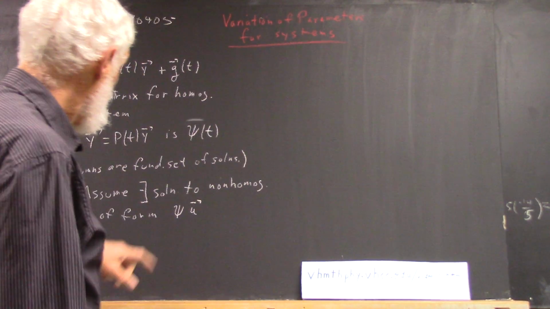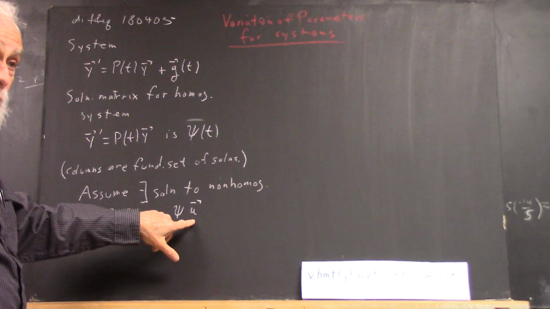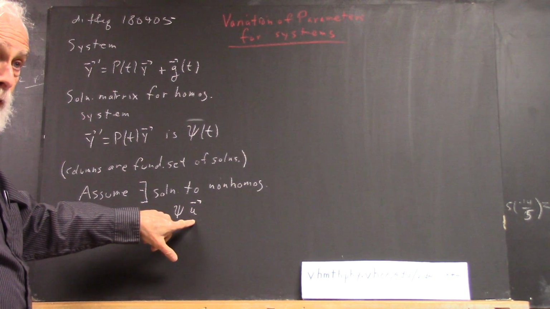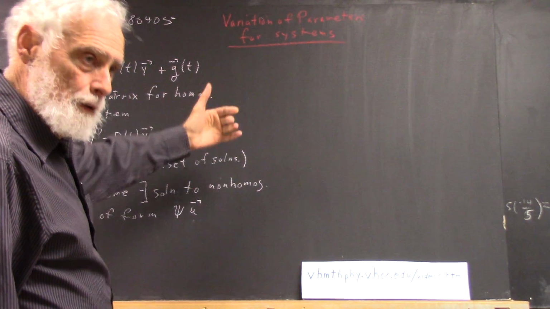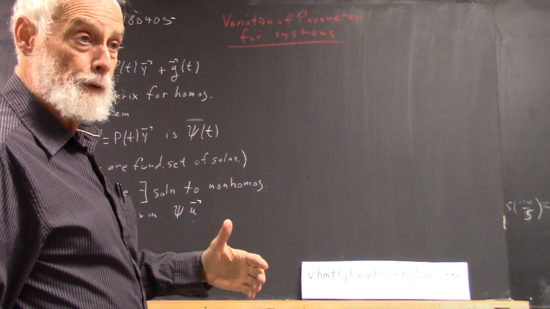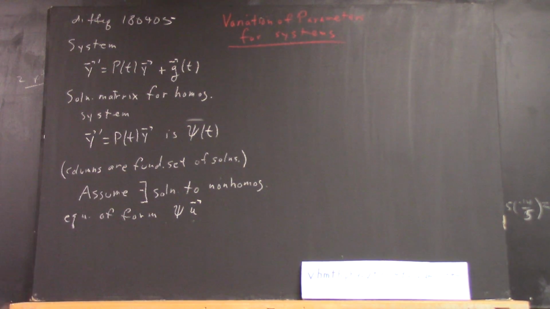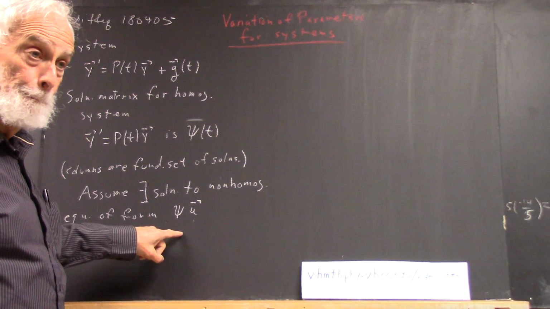So this is totally analogous, and you should understand the analogy between this assumption and the premise we used to do variation of parameters for a second order equation or whatever. So there's our premise.